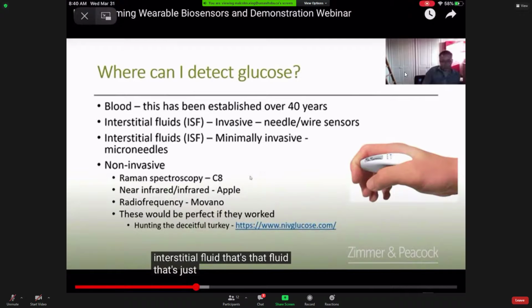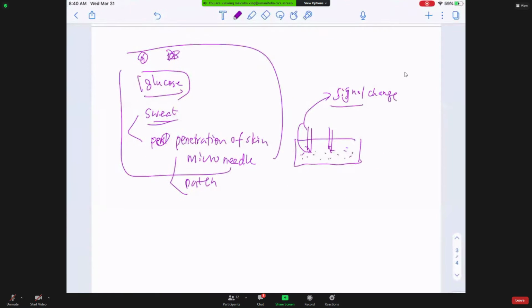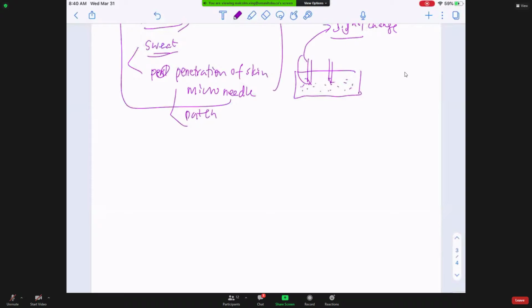So basically the laser we use, let me expand on it, is like an NIR laser.